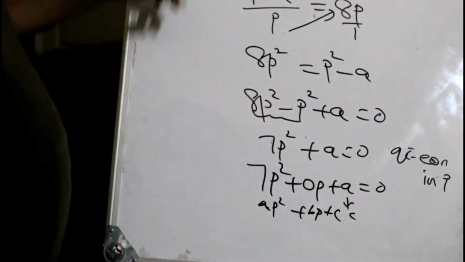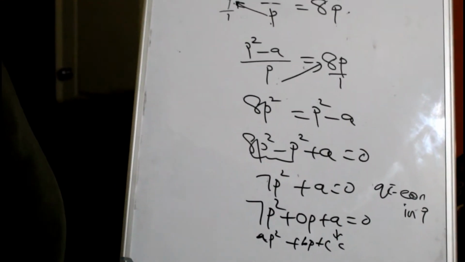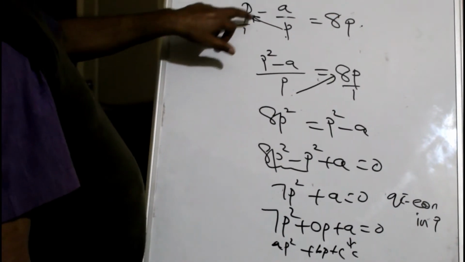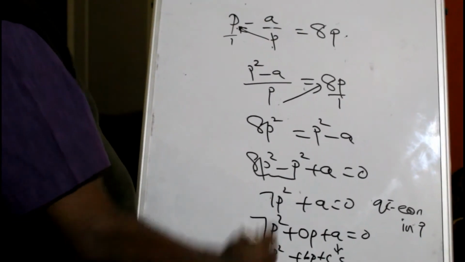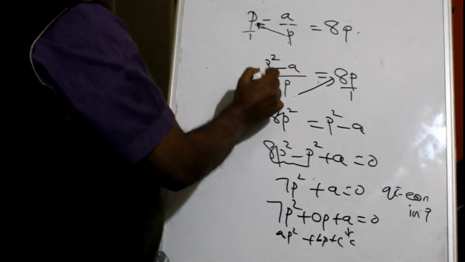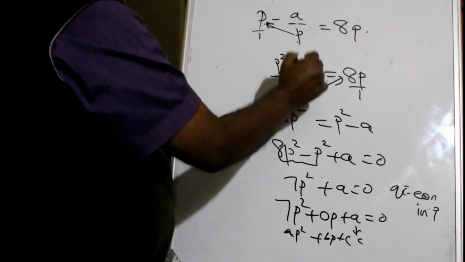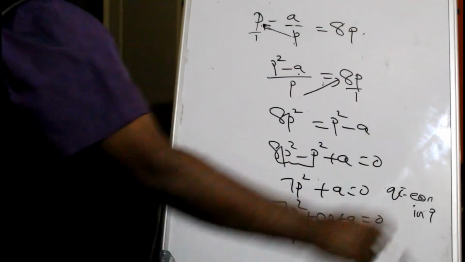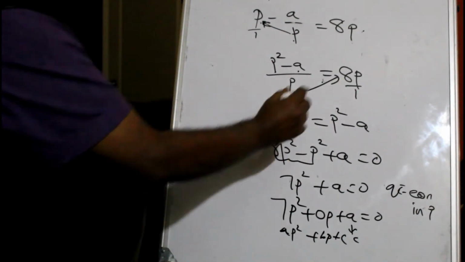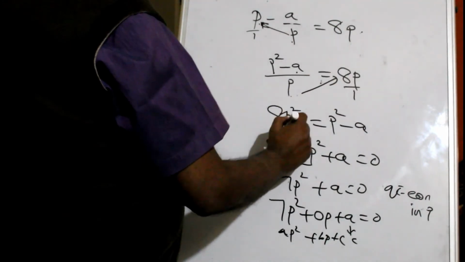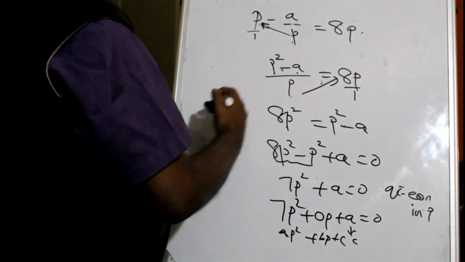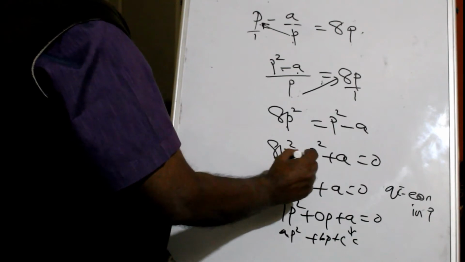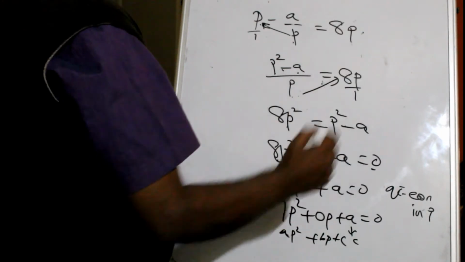So again I repeat, P minus A by P equal to 8P. You write P as P by 1, minus A by P equal to 8P. Take P as the LCM, this P will go and multiply, and this will become minus A equal to 8P by 1. Now when you cross multiply, you get 8P square equal to P square minus A. Bring everything to one side, it will become 8P square minus P square plus A equal to 0.